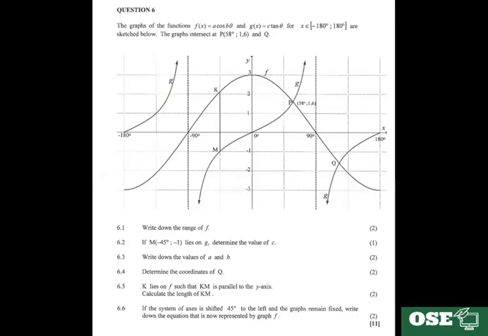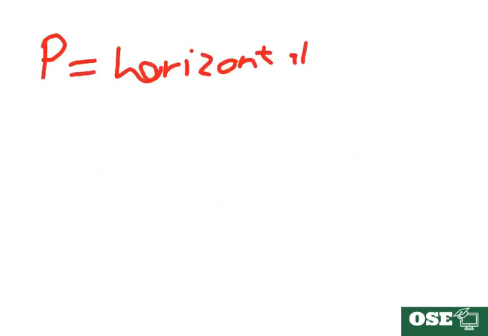One thing that we didn't really cover or go through was the left shift. So the left shift, or P, is equal to the horizontal shift, and it goes inside the bracket.